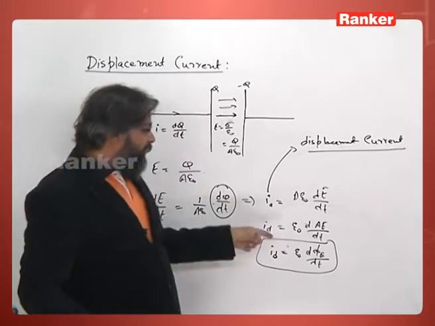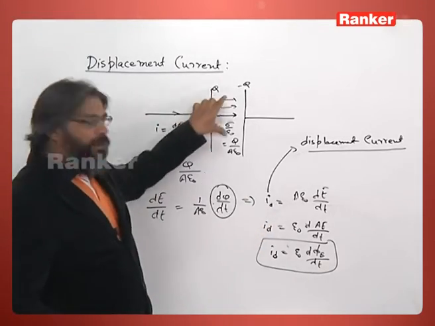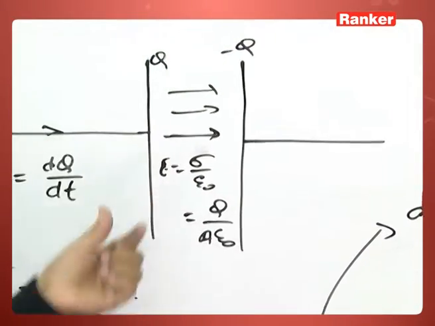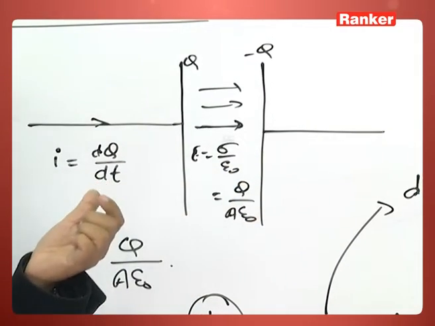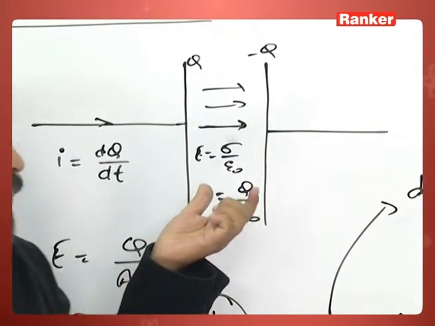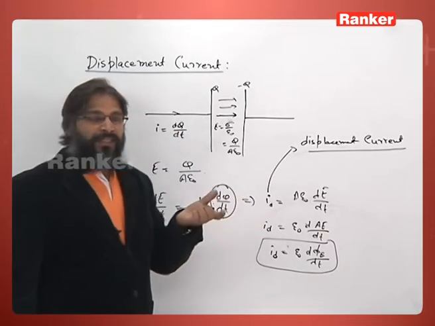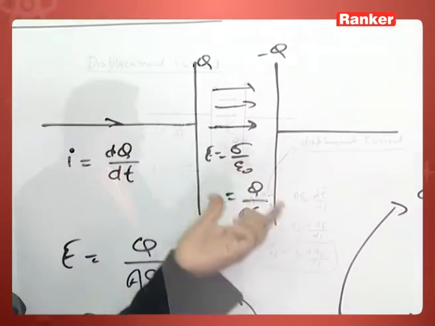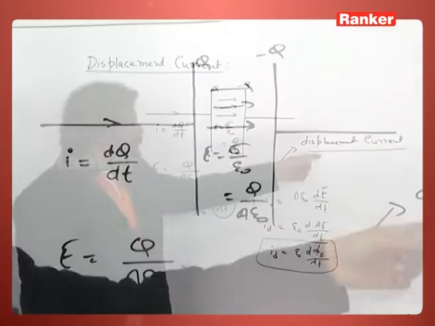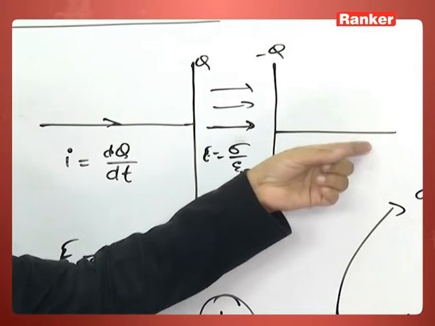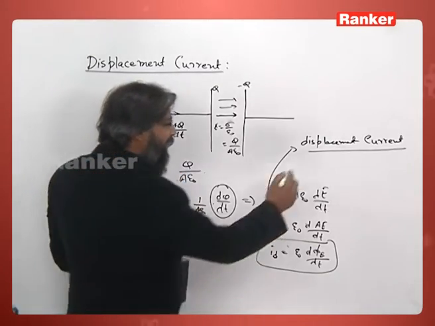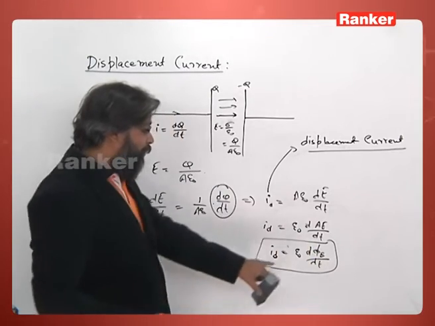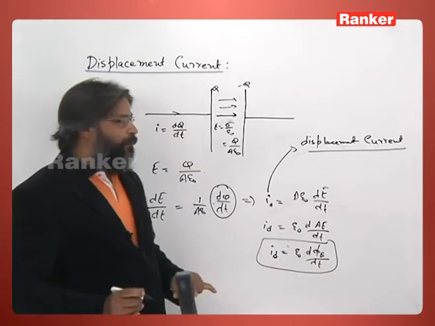This is a fictitious current flowing in between the capacitor, where the electric field is changing with time. Now the changing electric field is capable of producing magnetic field as the field produced by a conduction current. So we call this displacement current epsilon naught d phi E by dt.